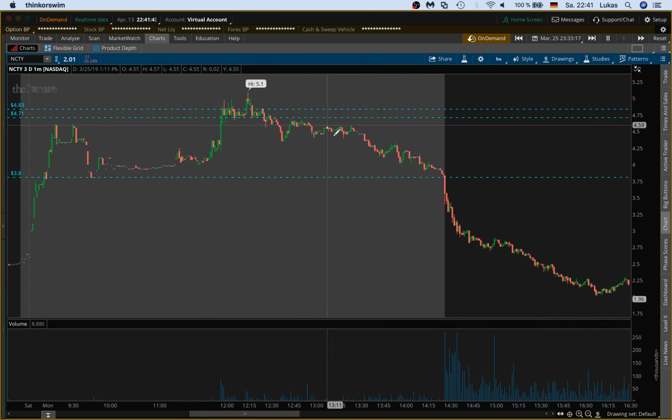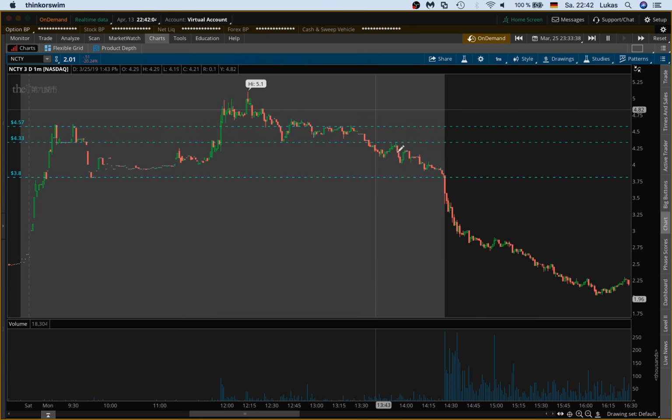Move sideways, this is the support right here. Move sideways, breaks down, pushes back up to the previous support, which is now again resistance. So I'm going to be adding once more here, moving my stop to the nearest resistance. All right. So right in here, once I add, my average is going to be right around 4.6.